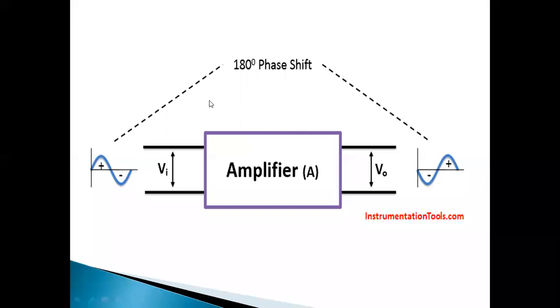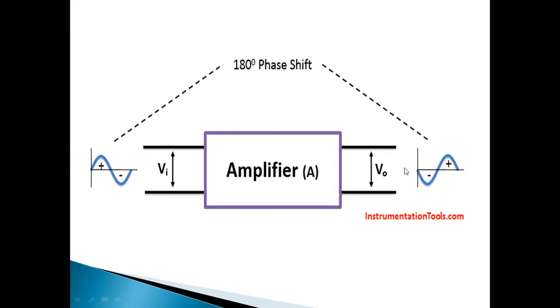I am explaining the criteria, but before going to the criteria, we should know all the analysis, and finally we can get the criteria. Here we are applying an input signal to the amplifier, which is also an inverting amplifier. Here we get a negative going signal.